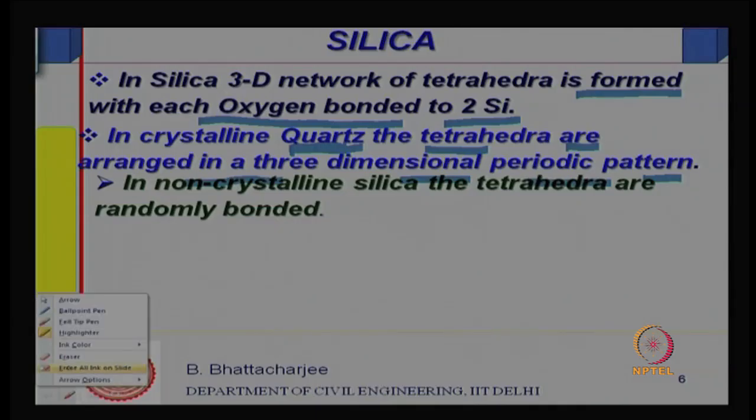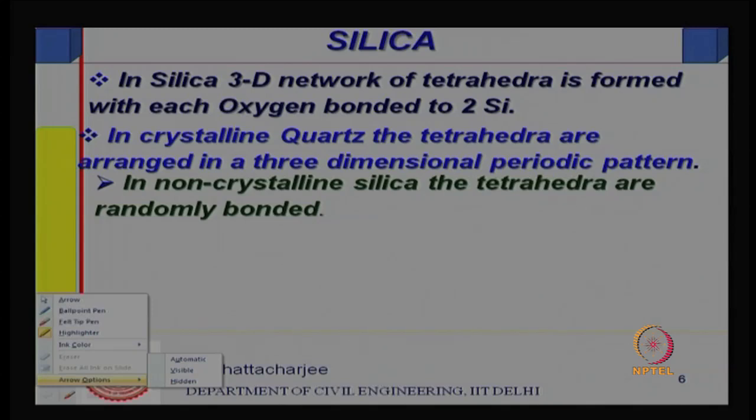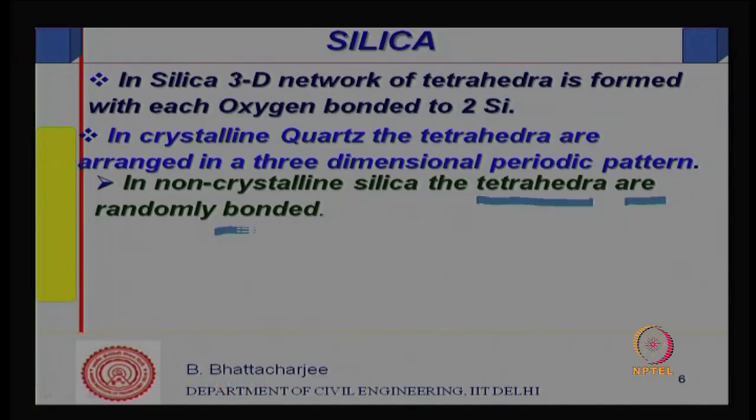In non-crystalline silica, tetrahedra are randomly bonded. So, this is the silica structure.